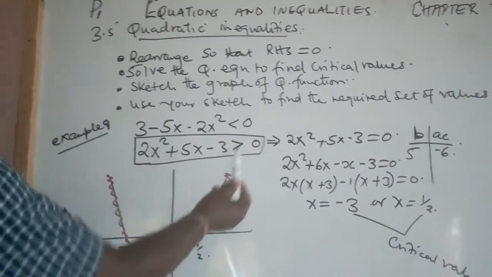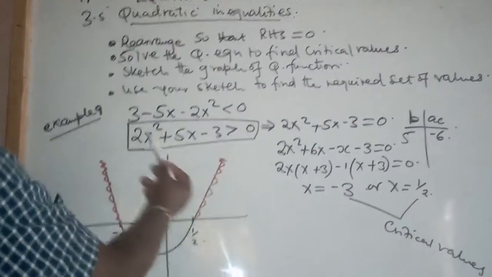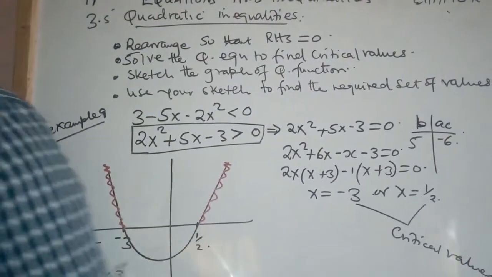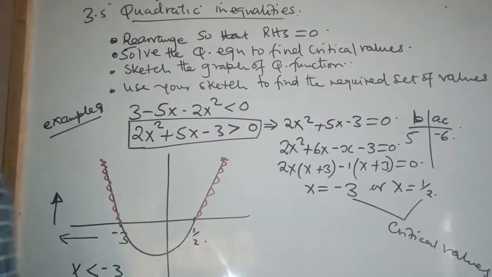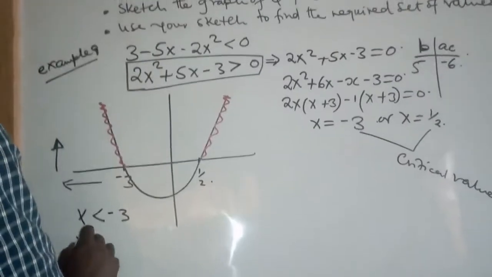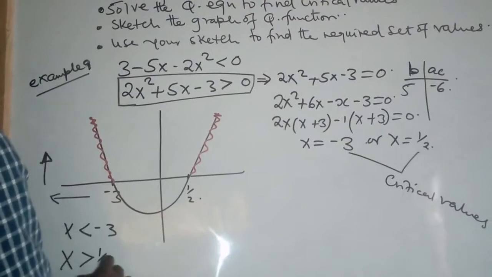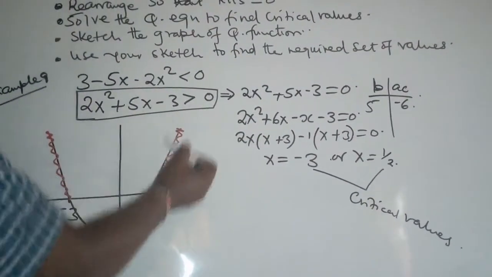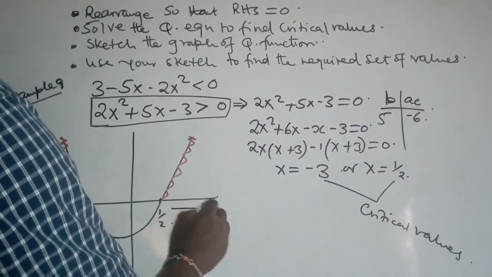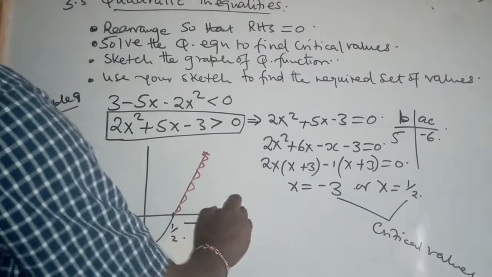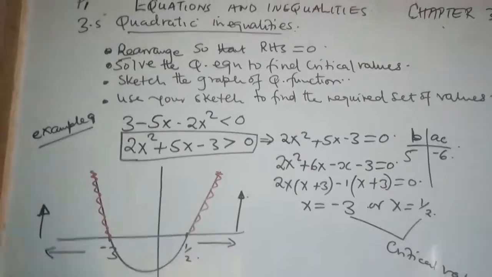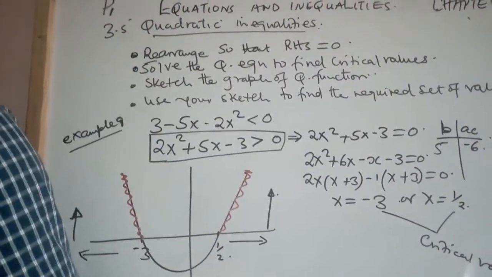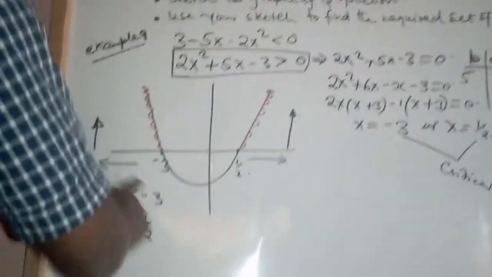You can see, and this is what is required because we need any range or any solution to be greater than 0. Again, as x is greater than a half, y is always greater than 0 because as x tends to positive infinity, y tends to positive infinity as well. So these are the values of x.